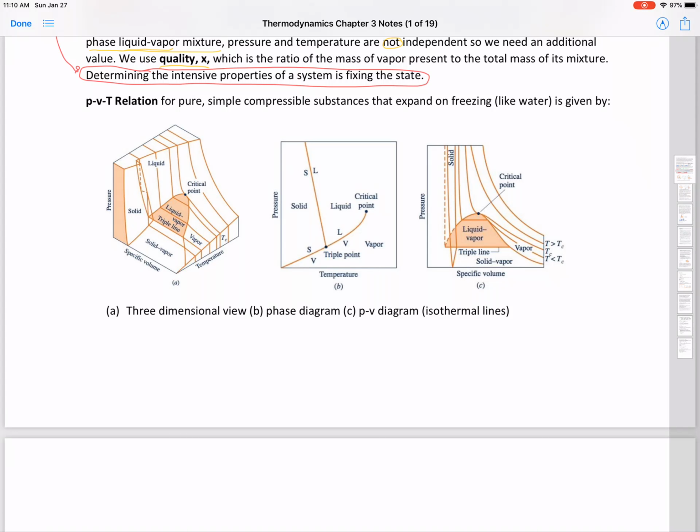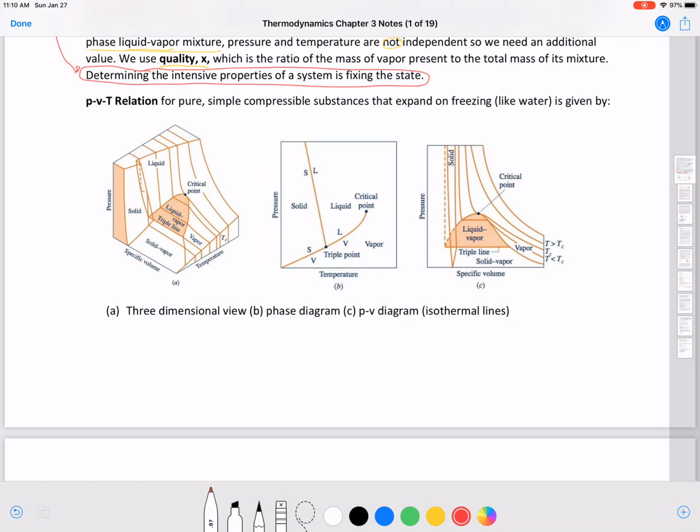We can see here that we have a three-dimensional diagram, with temperature, specific volume, and pressure. And we can see our isothermal lines, our temperature lines, going across.